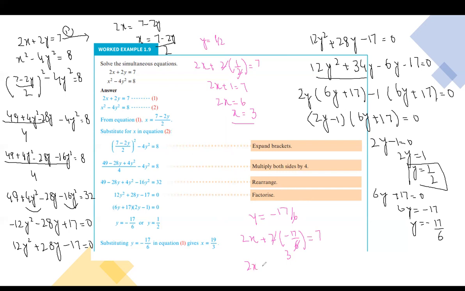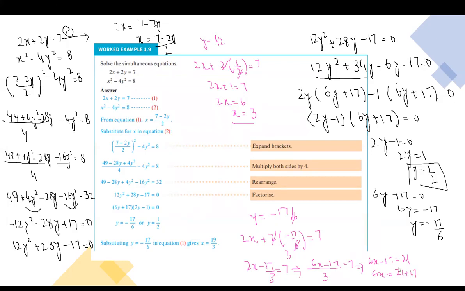So 2x minus 17 by 3 equals 7. Now taking the LCM 3. So 6x minus 17 equals 21.